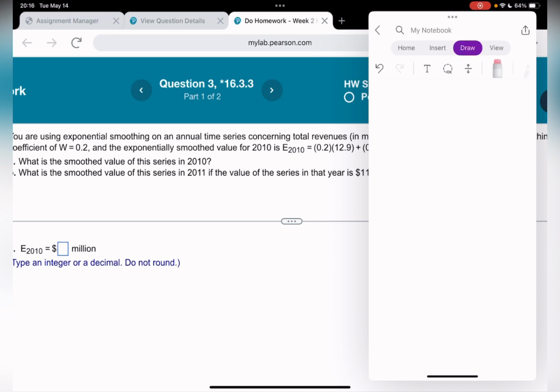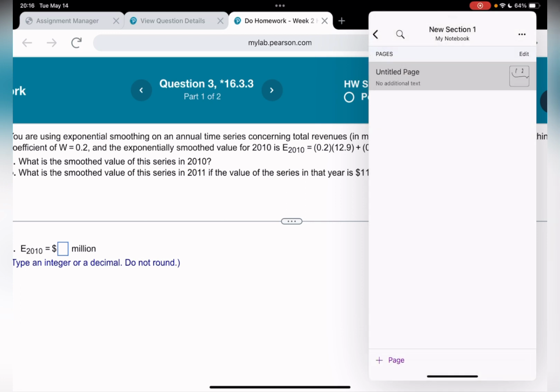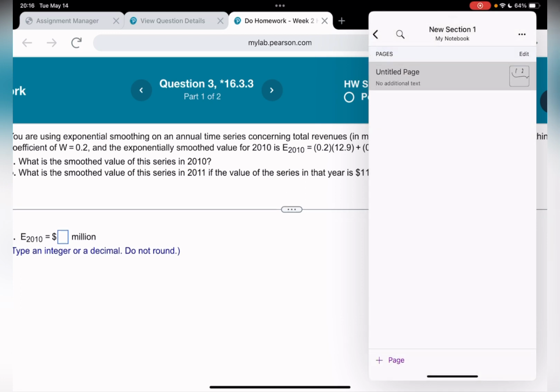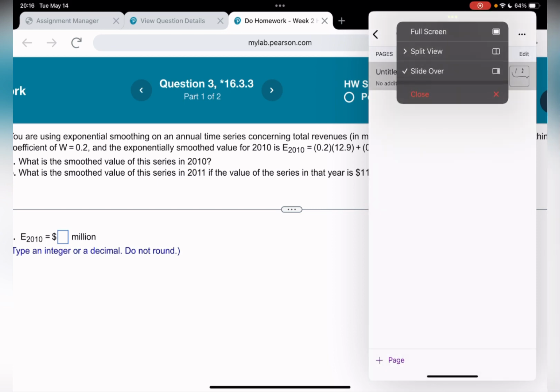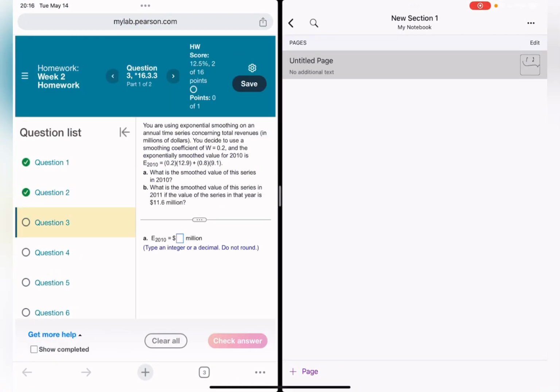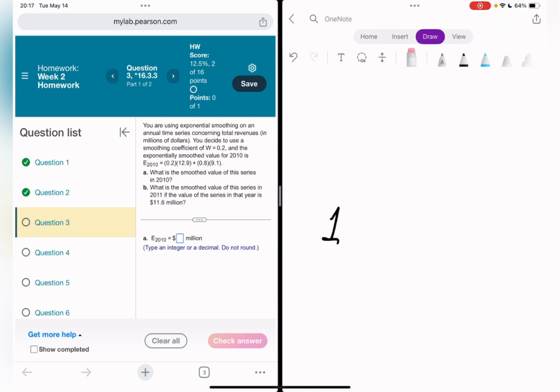So we're going to draw. No, it's not going to work. Let me see. Okay, let me split it. Much better. There we go.